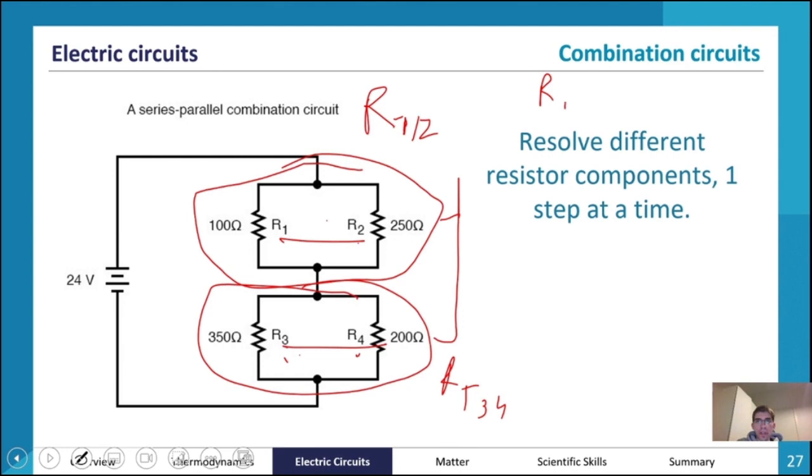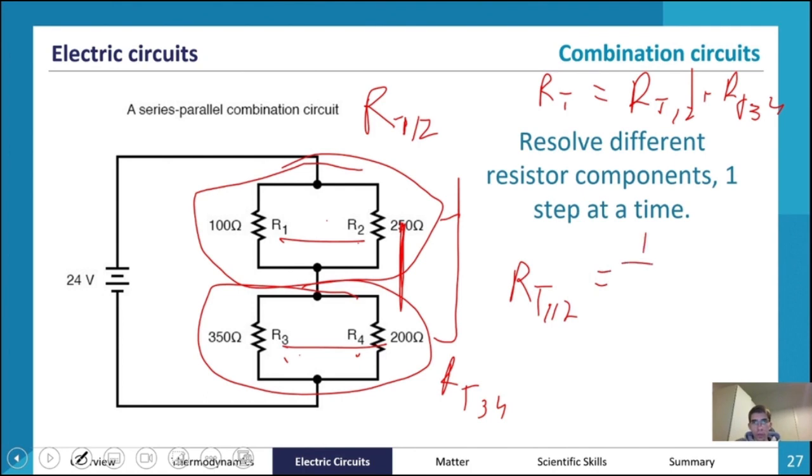The total resistance then would be adding up RT1,2 plus RT3,4, because those 2 would then be in series. The best way to explain it is by actually doing it. So let's have a go at this. RT1,2.